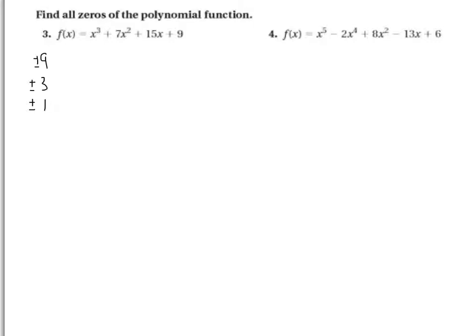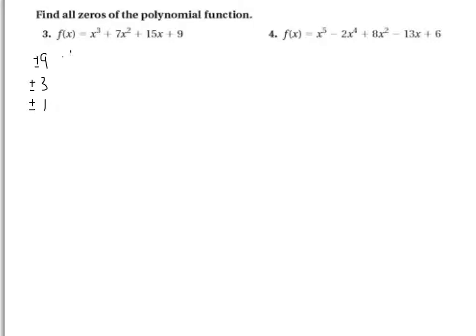X to the third plus 7x squared plus 15x plus 9, graph. Trace it. Well, -1 and -3 are 0, so use one of those. I'll use -1 since it's a smaller number.